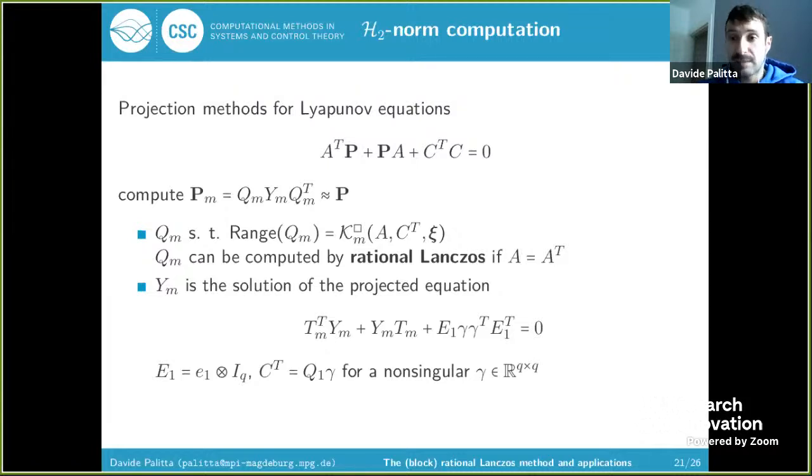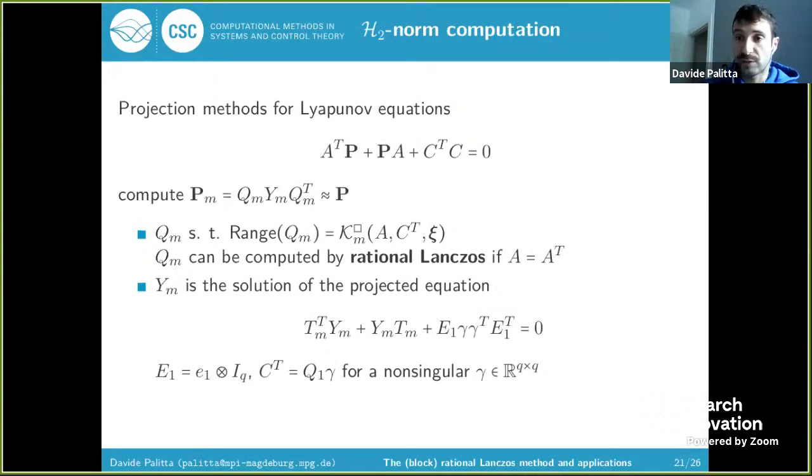If A is symmetric, we can compute QM by rational Lanczos. And YM is a small square matrix that is computed by solving the projected problem. So we have our original problem, we project this equation onto the current subspace, and we solve the projected equation.